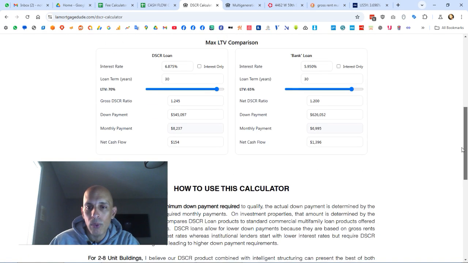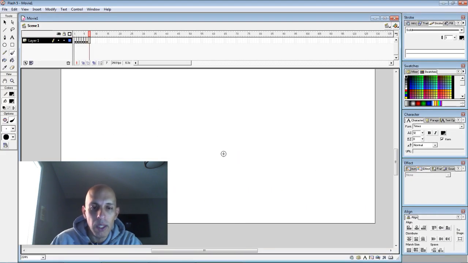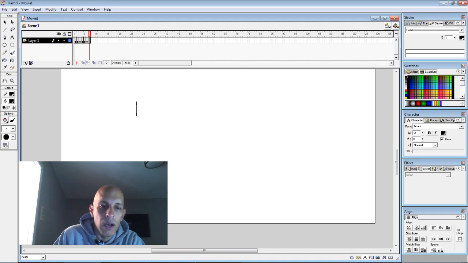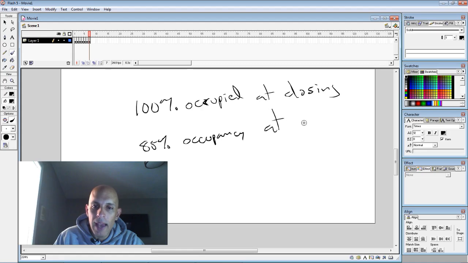In order for it to qualify for an agency loan, generally speaking, it needs to be 100% occupied at closing. And with our agency loan or our bank loan, we're looking at 85% occupancy at application.